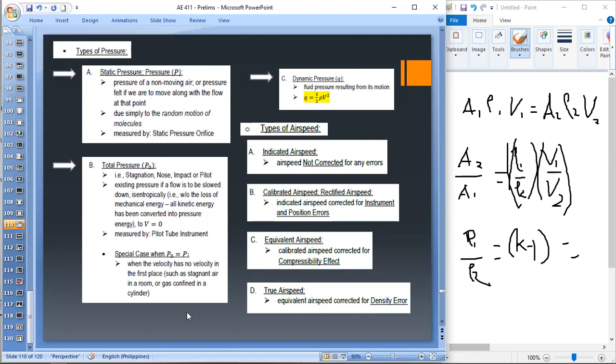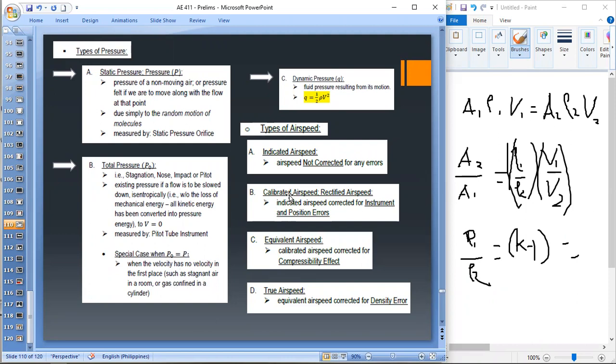So we have velocities also measured by the pitot tube instrument. A special case is when your total pressure is equal to your static pressure, when there is no velocity in the first place, such as stagnant air in a room or gas confined in a cylinder.